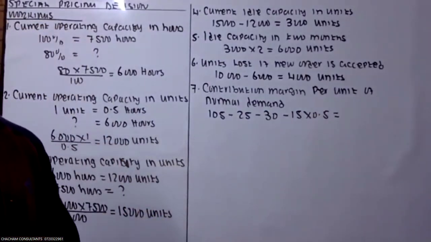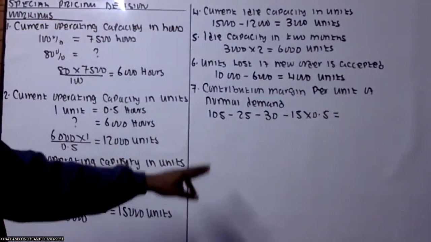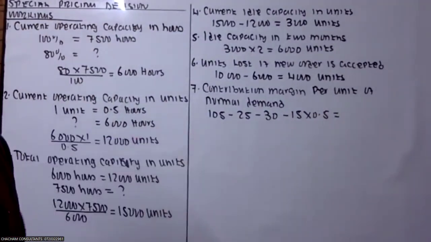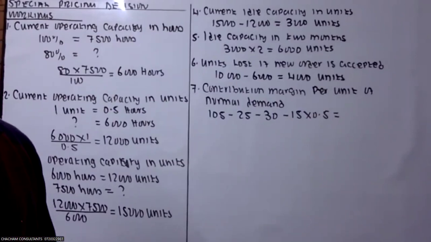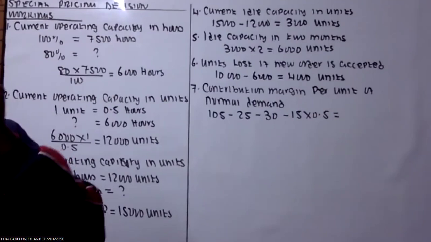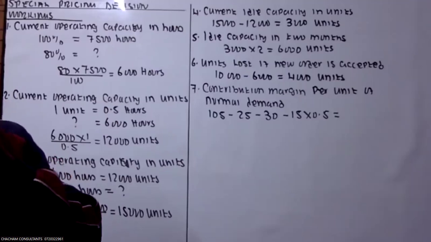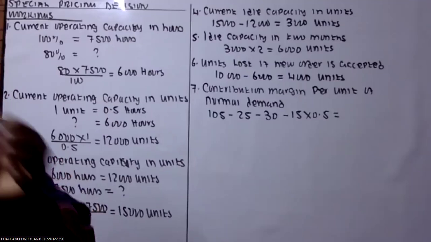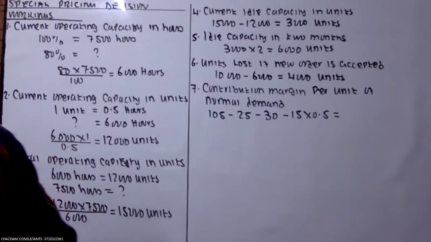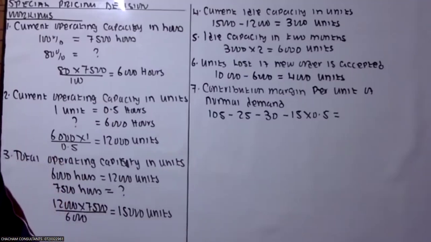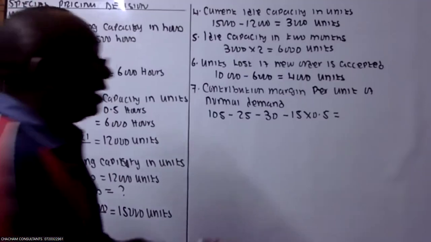Contribution margin is the selling price minus variable costs. That gives 42.5.